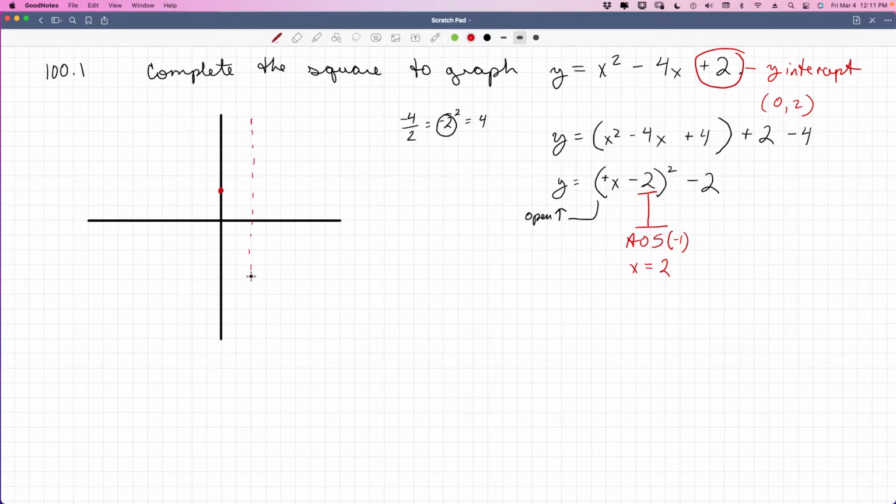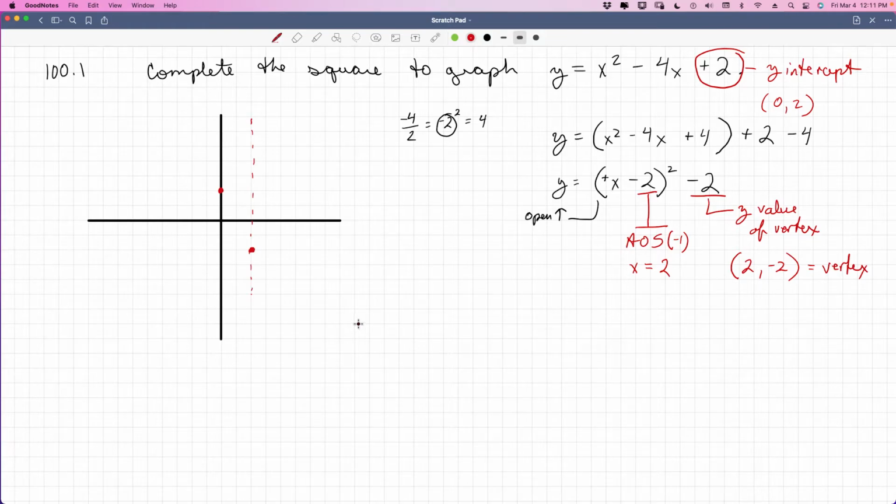We know that that is the point at which the parabola revolves around. Now this number tells us the y value of the vertex. And because we know that the axis of symmetry is the x value of the vertex, our point is 2, negative 2 for the vertex. So we can plot that. So 2, negative 2 is our vertex.